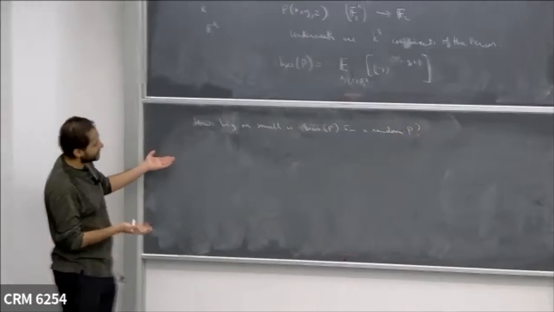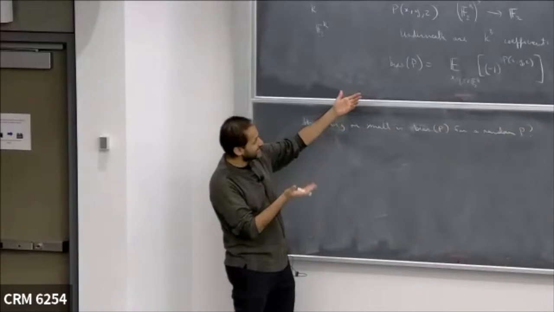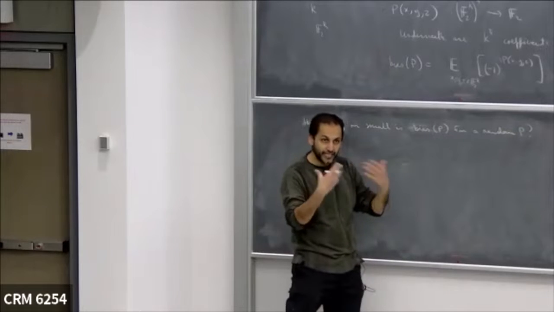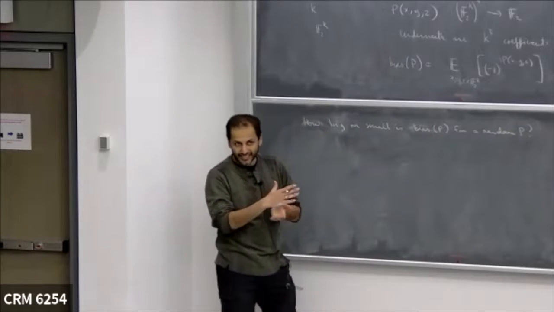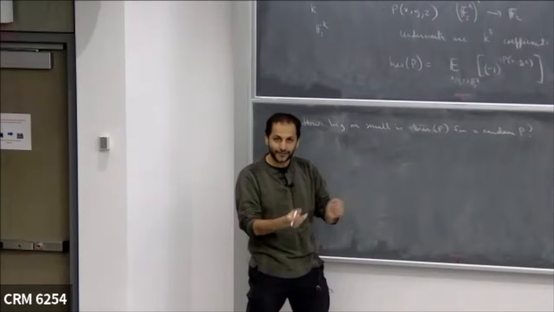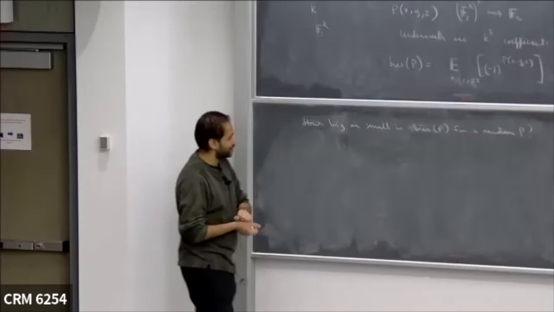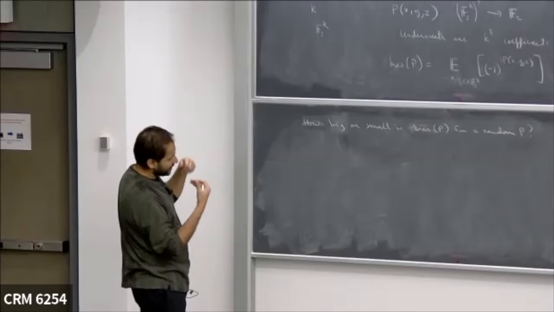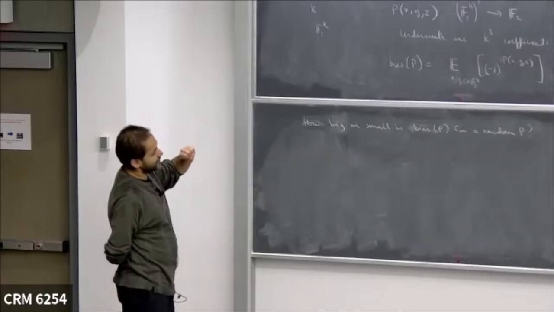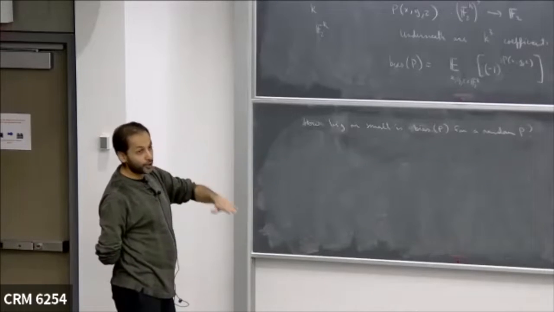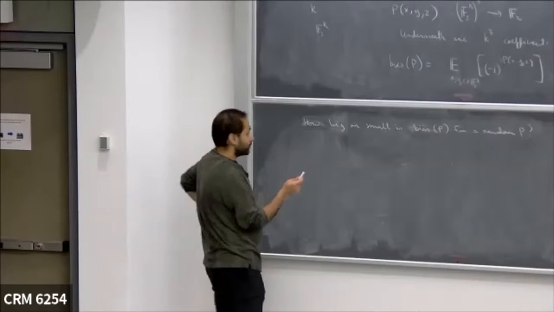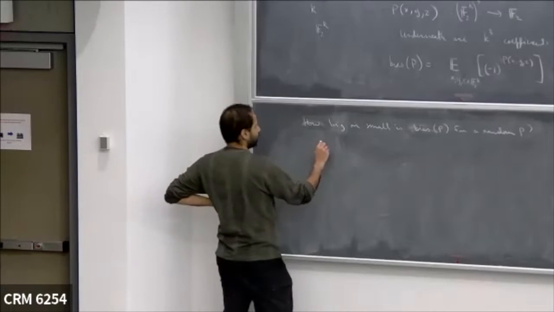I'll say straight away, and it should be expected, that bias is small when P is chosen at random, because bias being small is some kind of pseudorandomness, and P being random is random. So how big or small is the bias of P? And the kind of theorem that we'll prove is that the bias of P is small with very high probability when P is picked at random.